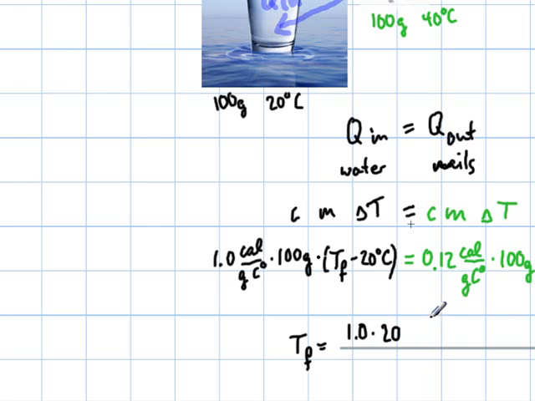And notice I leave out the units here so it doesn't get too long, plus the heat capacity of the metal, which is 0.12 times the temperature of the nails, 40 degrees Celsius, divide by the two heat capacities, 1.0 plus 0.12. And if you did the algebra, then you would figure out that indeed is what it is.